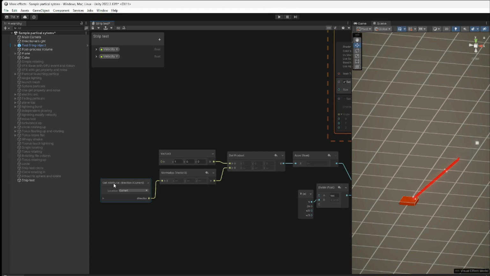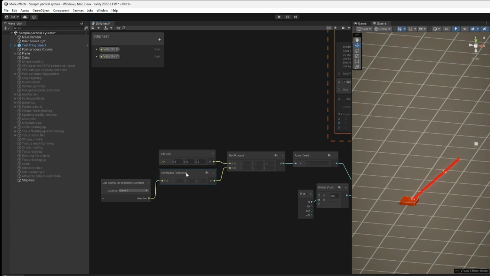Basically, the direction will always be a normalized vector for you. The direction is the vector that the particle is moving. And again, I didn't realize this until I read the manual, but it is automatically normalized. So I really didn't need to do this normalized vector.